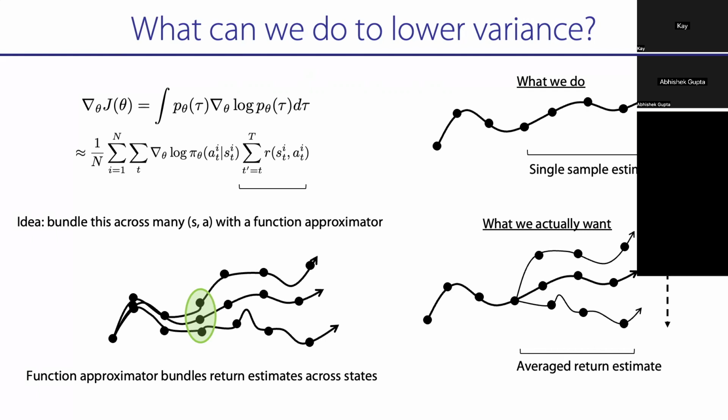If we try to use a learning method to represent this return to go, then you can bundle the estimates across similar states, and so you get lower variance because you effectively have more samples. So the idea is that if we were just doing policy gradient, we only use one trajectory to get a single sample estimate. If you're using function approximation, you can leverage information from similar states in other trajectories.